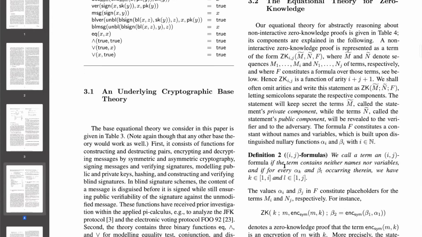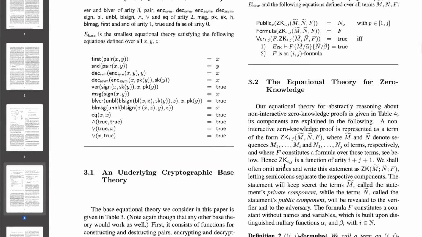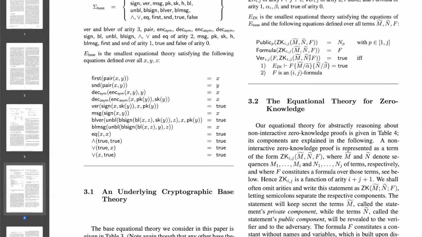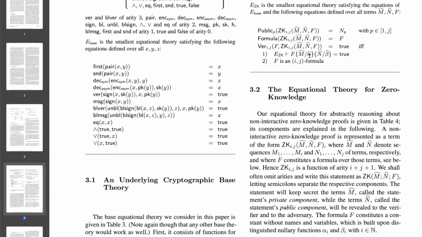So F, they're being very careful about their placeholders. And alpha and beta are giving you a special kind of variable set. Does that make sense? I'm looking at this F. I'm not completely clear what it means inside F to replace alpha with M and beta with N.